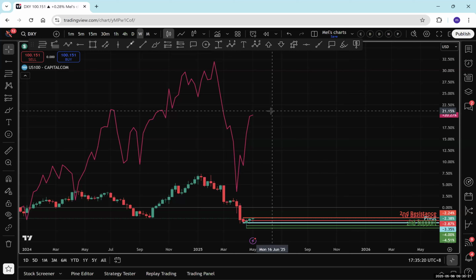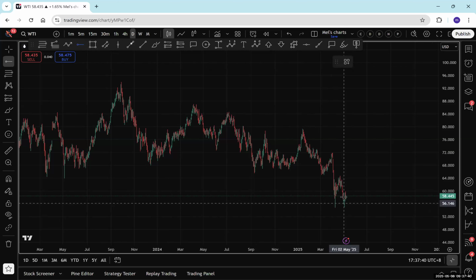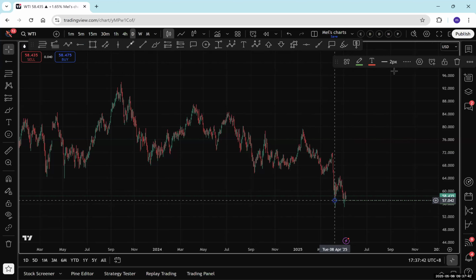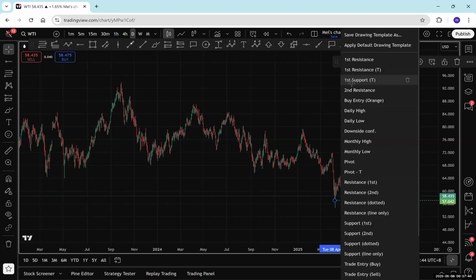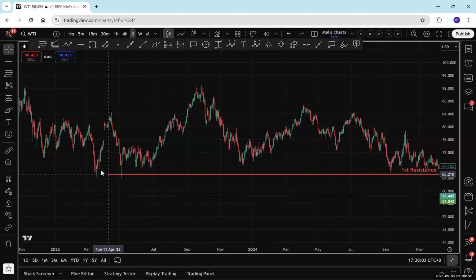So for my first support, I'm going to place it right here where price is at. And then for my first resistance, I'm going to place it here. So it's in line with other swing lows as well.